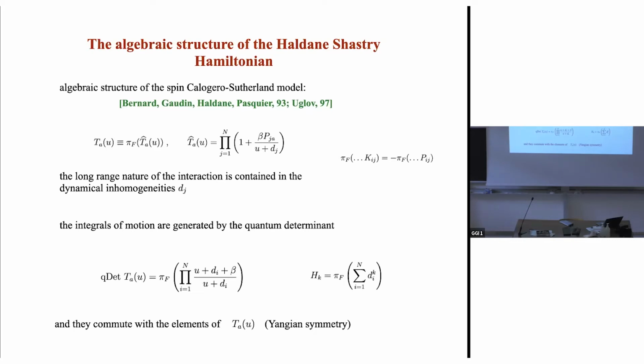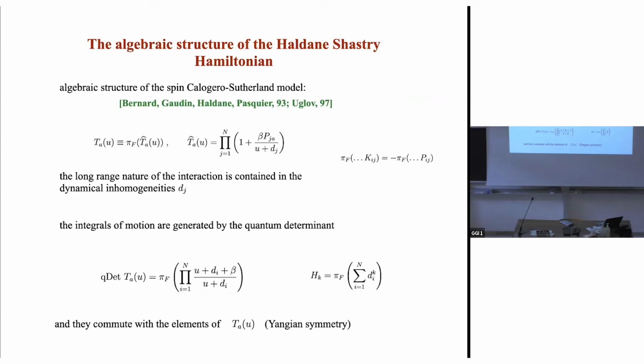For the inhomogeneous spin chain you would have some inhomogeneities here. Here they are replaced by the Dunkl operators, which commute, so that the algebraic properties, the commutation of these objects, are essentially the same as for the inhomogeneous spin chain.